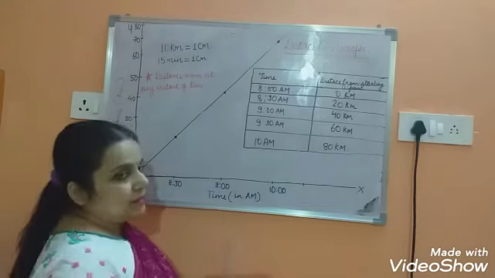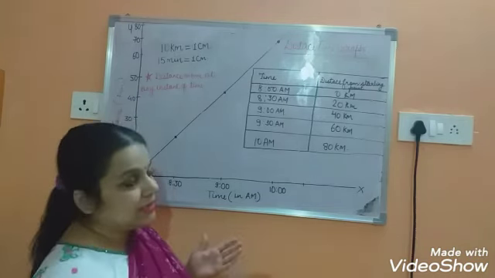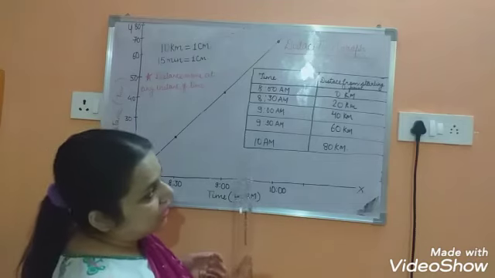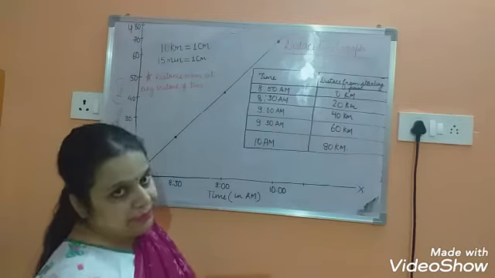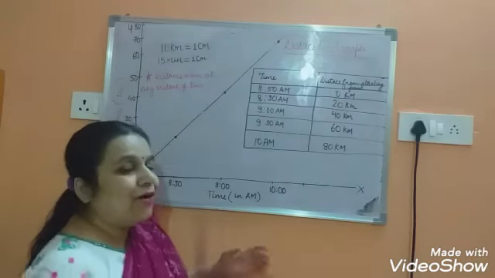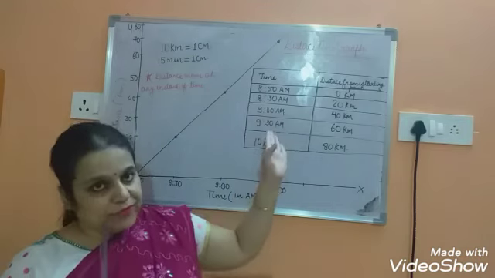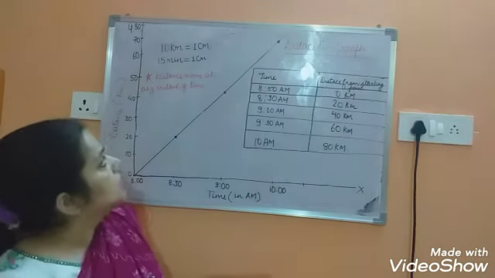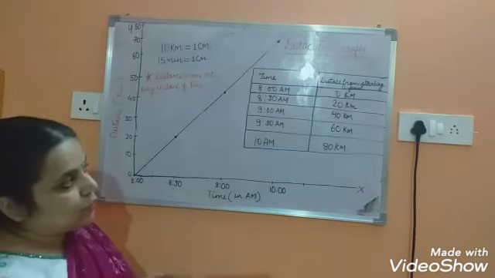That means between the times there is a difference of half an hour, 30 minutes, and between the distances there is a difference of 20 kilometers. So now first we have to take a suitable scale for both of the measurements. So distance is 0 to 20 kilometer.